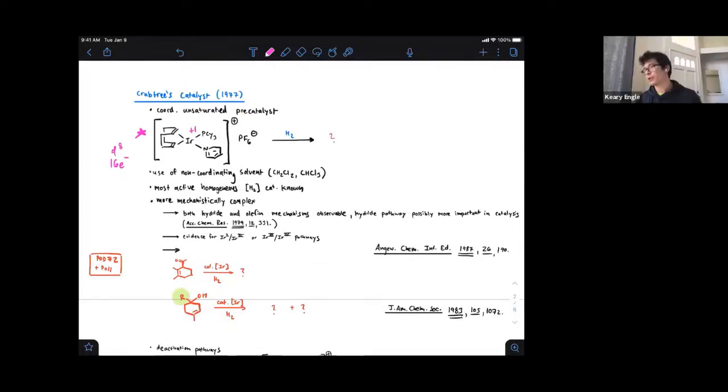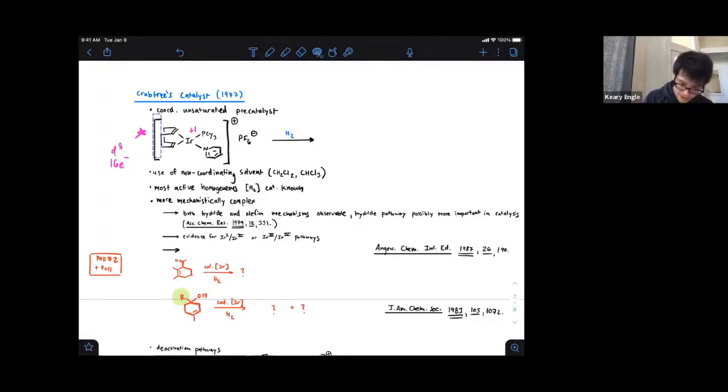And I think one of the distinguishing features for Crabtree's catalyst compared to the Schrock-Osborn series is that now you have an even weaker coordination environment. You basically traded one of those phosphine ligands in the Schrock-Osborn for a more weakly coordinating pyridine. So this thing is really hot to trot. It's a very reactive catalyst.